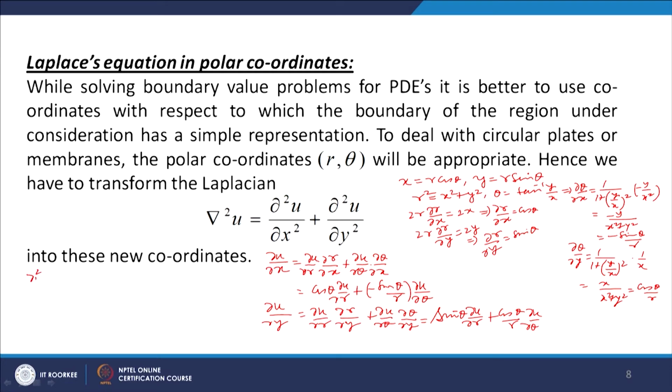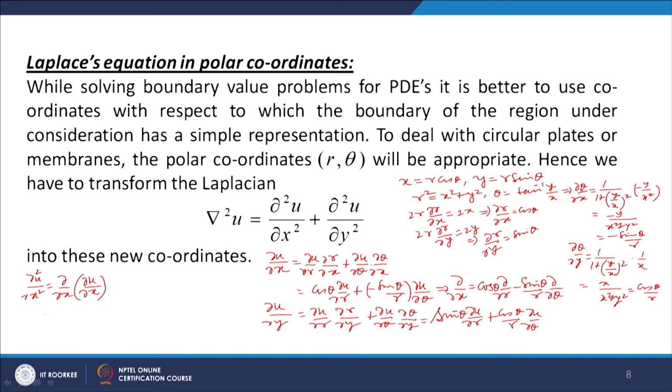So, ∂²u/∂x² is equal to ∂/∂x of ∂u/∂x. Let us notice that ∂u/∂x is cos θ ∂u/∂r minus sin θ over r ∂u/∂θ. So, this gives the differential operator ∂/∂x as cos θ ∂/∂r minus sin θ over r ∂/∂θ.